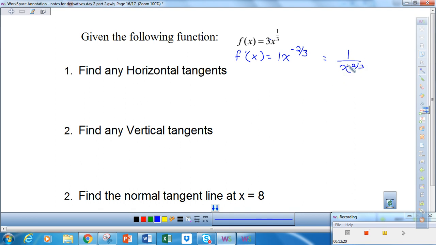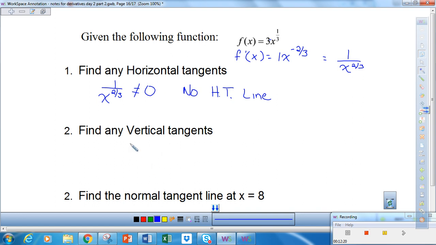So my first question is, when is 1 over x to the 2/3 equal to 0? Okay? This is never equal to 0. So there is no horizontal tangent line, because the numerator for this is never 0.